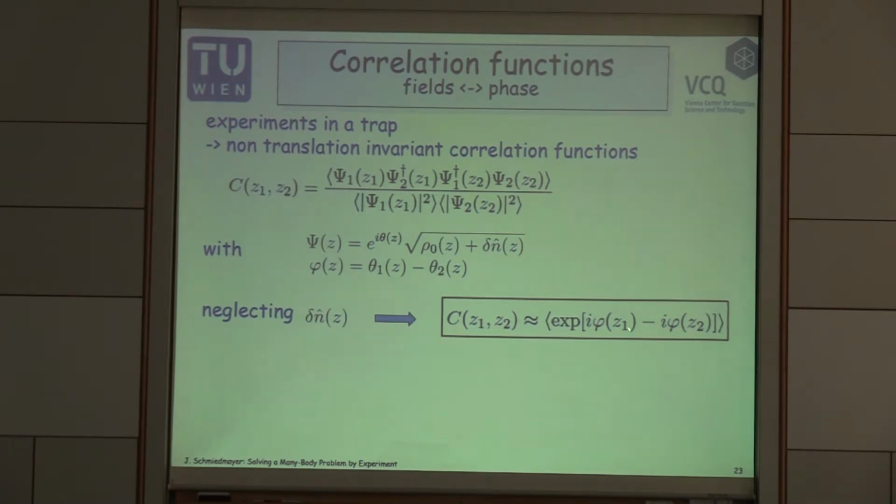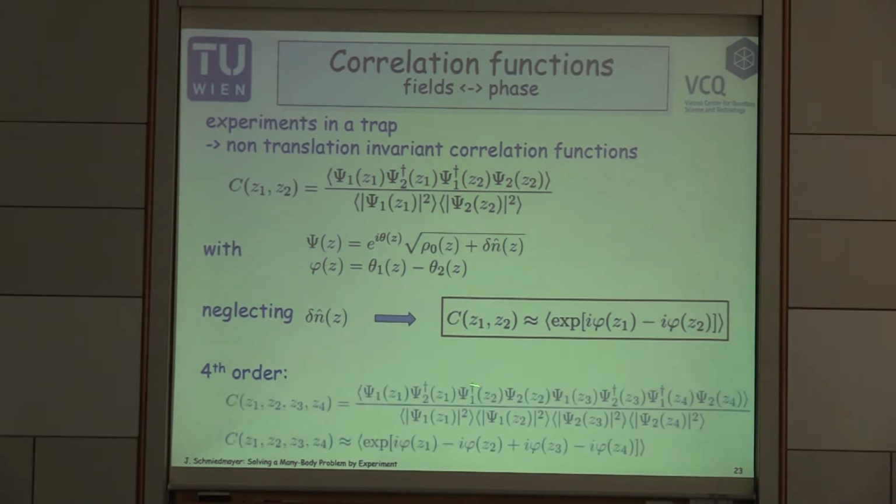So if you measure these e to the i phi correlators and neglect density fluctuations, I would get the correlations of the field operators. And in fourth order, you just have to make a larger sum of that, and that correlator can be measured by that. And these phis are these phases we get directly out of the interference patterns.